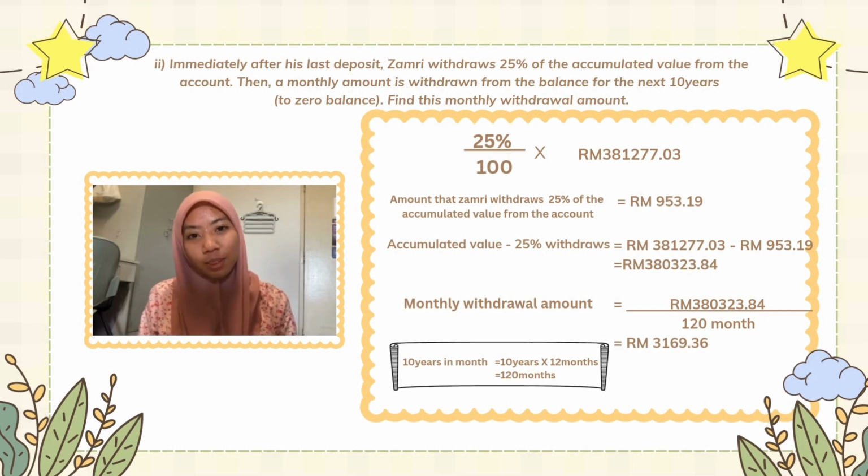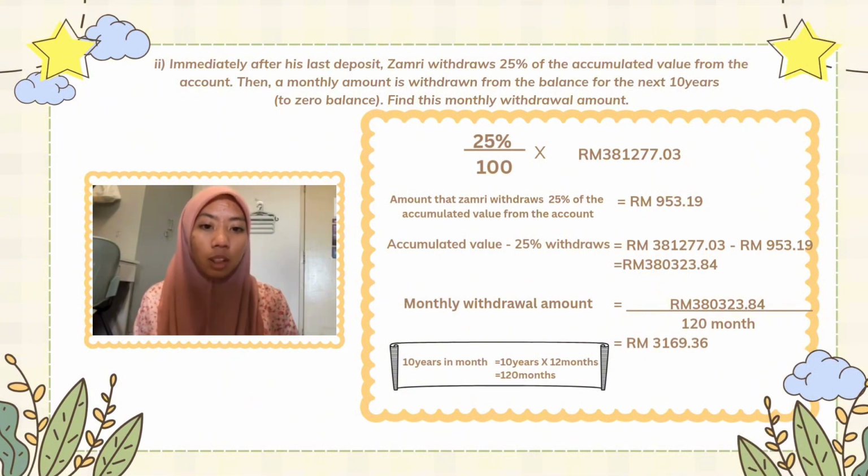Hi, my name is UiTM Sulaiman. I'm going to talk about question 2 of part 2. Immediately after his last deposit, Zamri withdraws 25% of the accumulated value from the account, then a monthly amount is withdrawn for the balance for the next 10 years to zero balance. Find this monthly withdrawal amount.